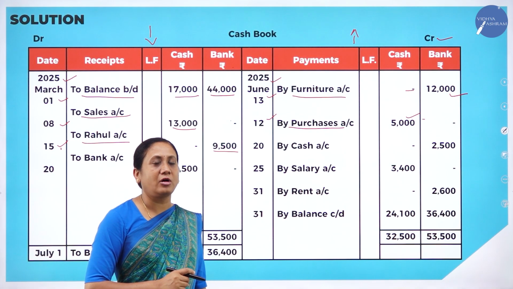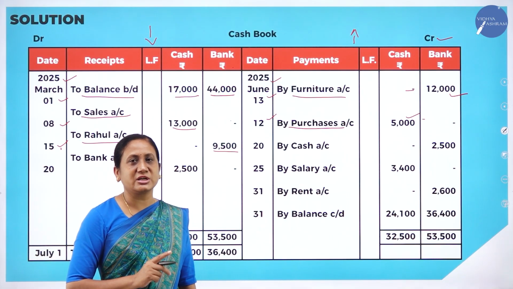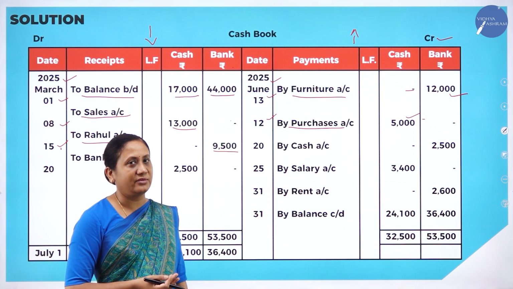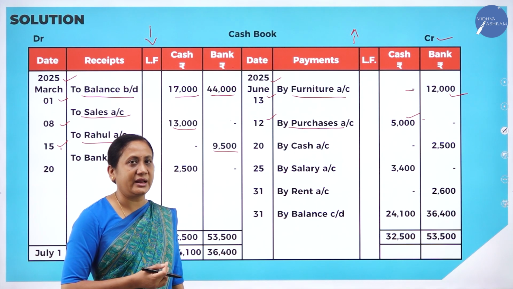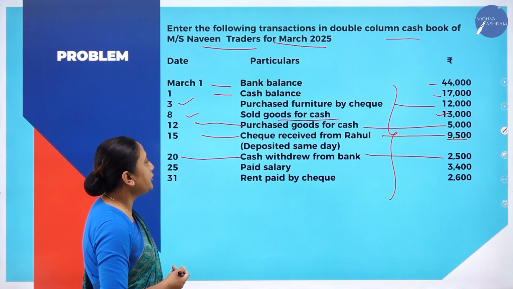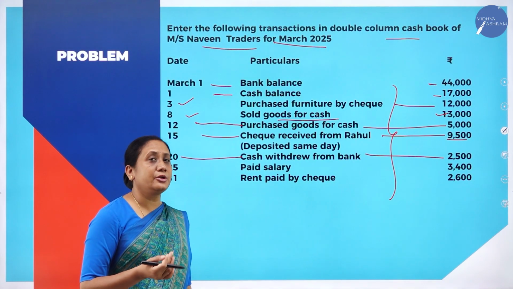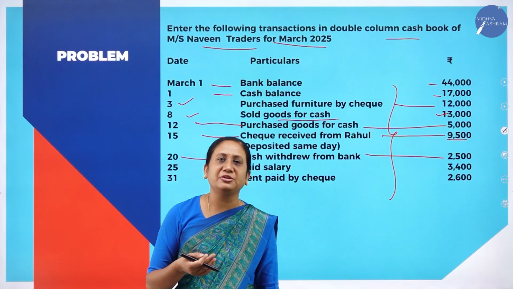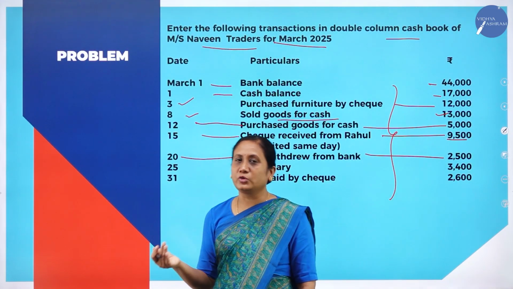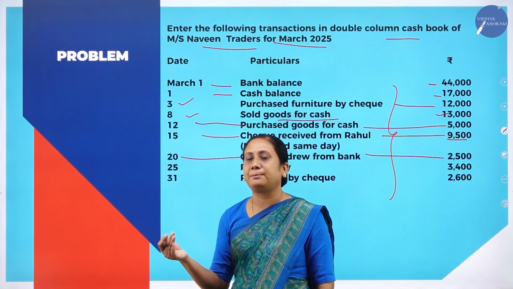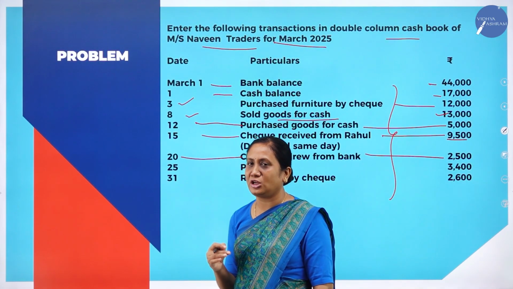Contra entry means that for one single transaction, two entries will be made, one on the receipt side and another on the payment side. Correct? What is the transaction? One more time we will see. Cash withdrew from bank means they are withdrawing the money from the bank and utilizing it for the purpose of the office. Correct? That is the meaning of this.